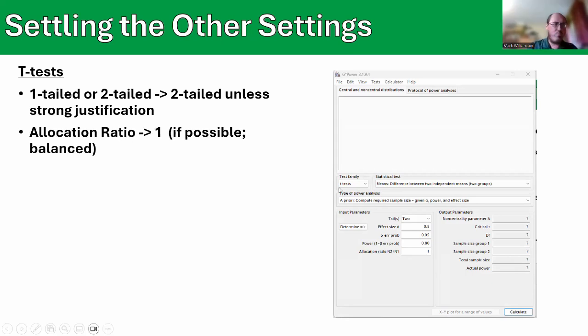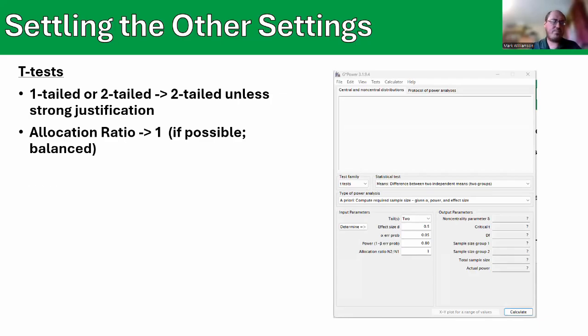And again, I've brought this up a couple times, but the allocation ratio is going to be the ratio of your samples to your control and your treatment, or your two different groups. Typically, you probably have equal group number, and so you just need to put your ratio at one. But if you had another design where, say, maybe you had twice as many controls as your treatments, this ratio would change.